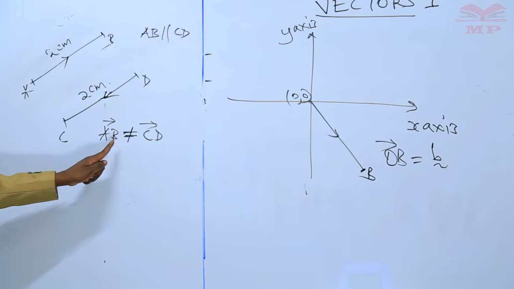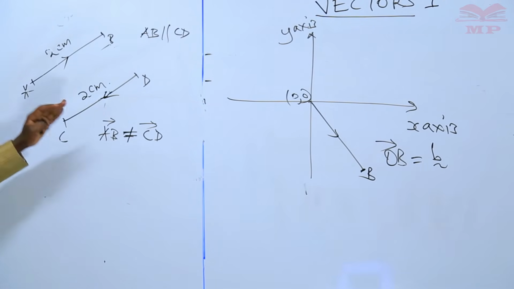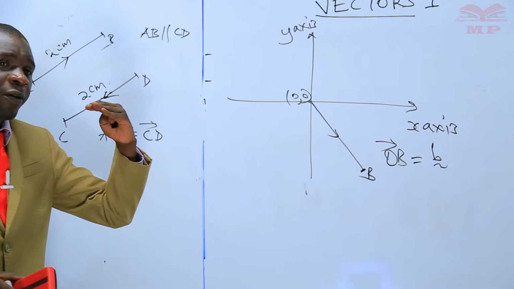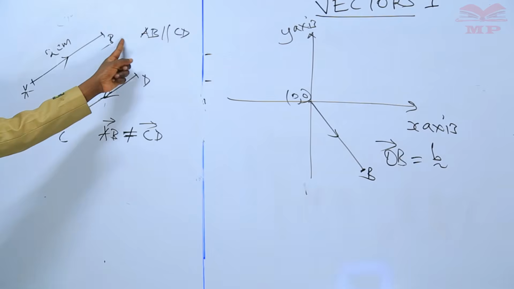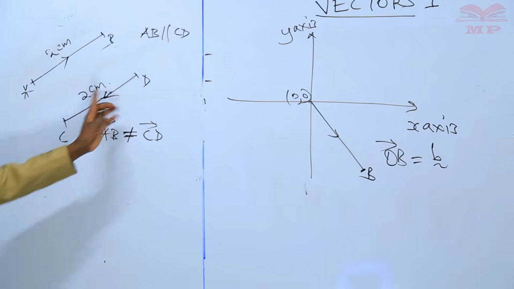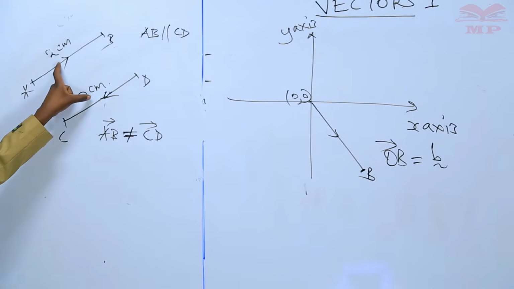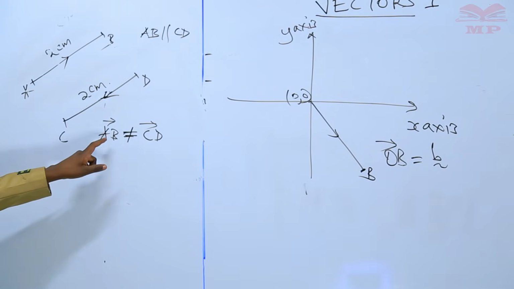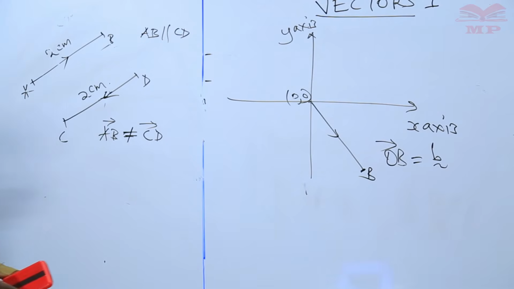The reason is AB has a length of 2 centimeters, but moves in an opposite direction compared to CD. So because the directions are not similar, we say that the two vectors are not equal.